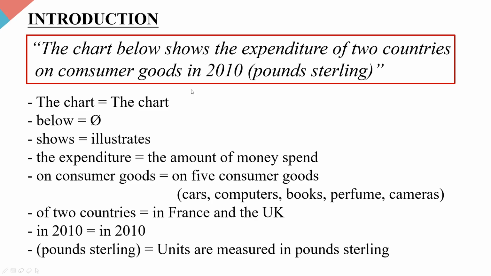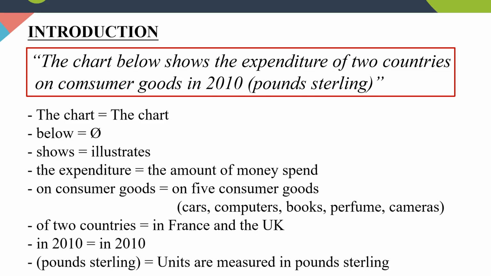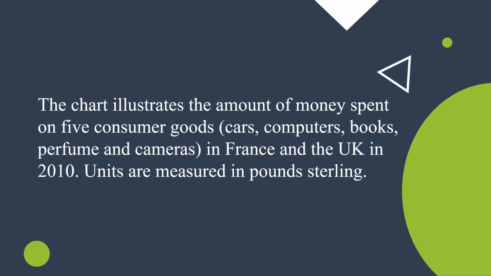So at the end of our paraphrase, we have the introduction sentence like this. The chart illustrates the amount of money spent on 5 consumer goods: cars, computers, books, perfume, and cameras in France and the UK in 2010, with units measured in pounds sterling.